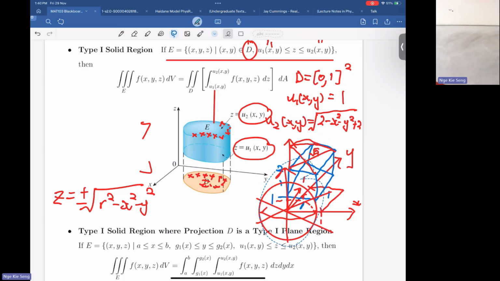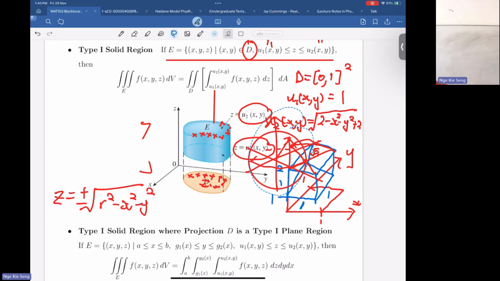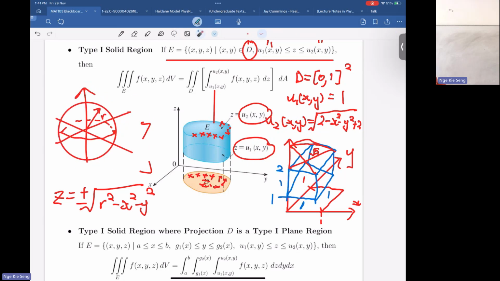So I need to shift my origin up to this place here. Can you see? Okay. So this xy will restrict what kind of height I can place on here. So xy already did the job. So I'm fine.